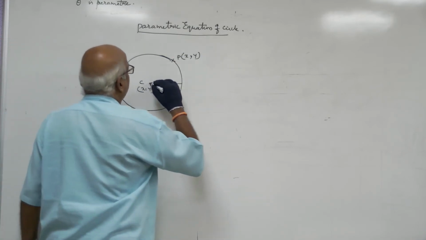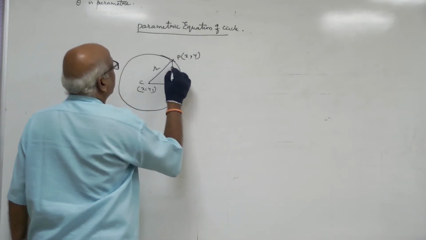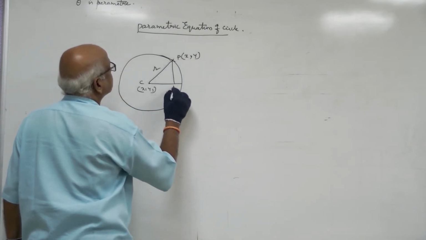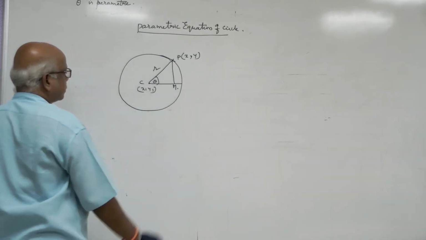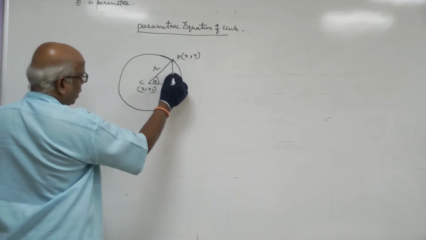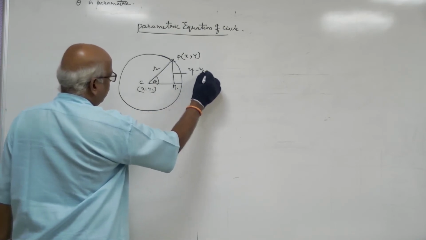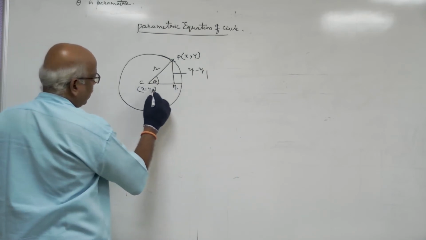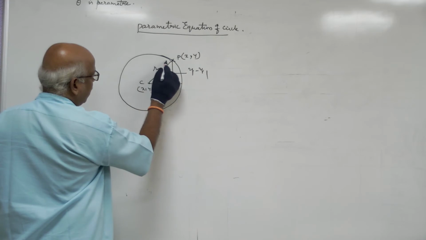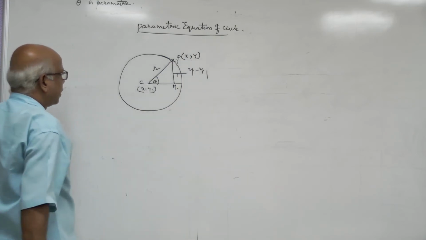This distance is r. Draw a perpendicular here. This angle is theta. This is a line parallel to the y-axis, hence its length will be y minus y1, because on this line anywhere the y coordinate will be y1, and on this line anywhere the y coordinate will be y. The difference will be y minus y1.